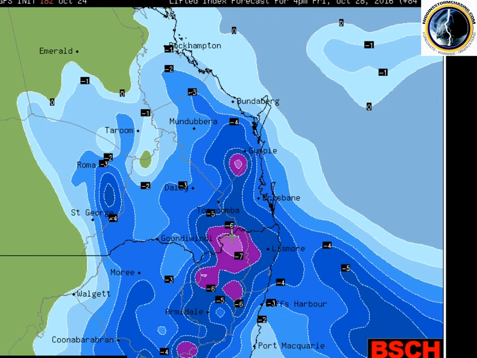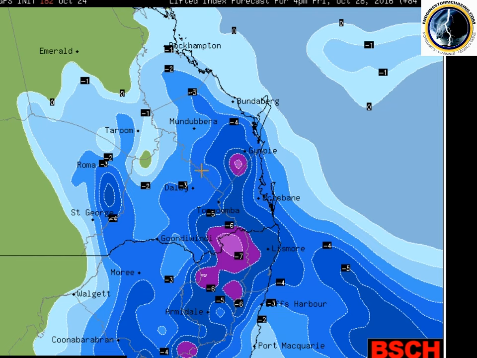Now these fluctuate and bounce around a little bit on each run, every 4 hours or 6 hours or so, but generally the model has been holding, this is GFS, has been holding this broad area of instability over the region for a number of days. And we do data match with other models, so we're not just putting all our eggs into one basket here.